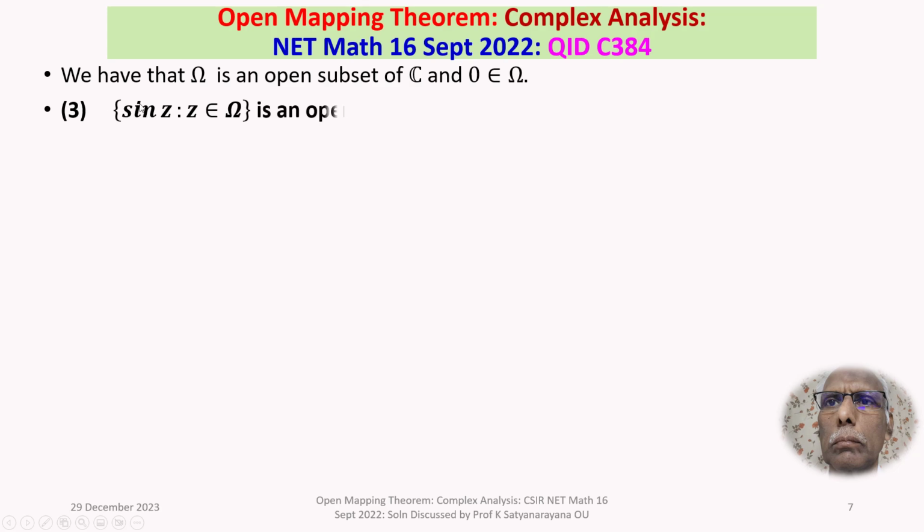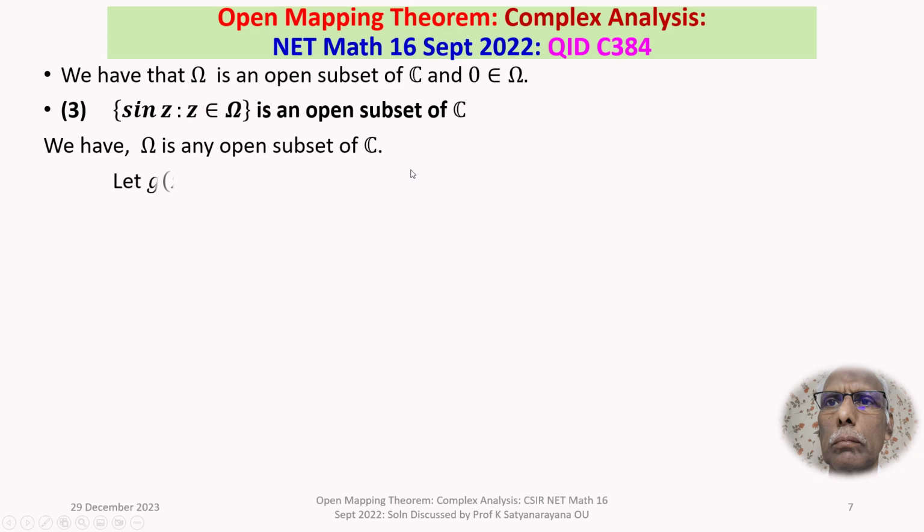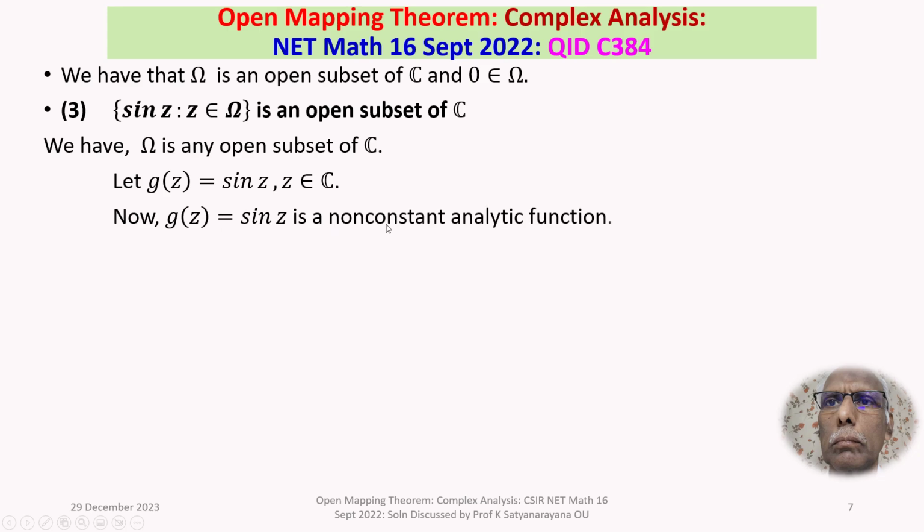Option 3: the set consisting of sin z, z belongs to omega, is an open subset of C. This is also true, and it follows along the same lines as option 1. We have omega is any open subset of C. Let g(z) = sin z, z belongs to C. Notice that g(z) = sin z is a non-constant analytic function.